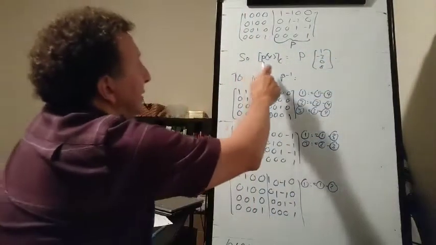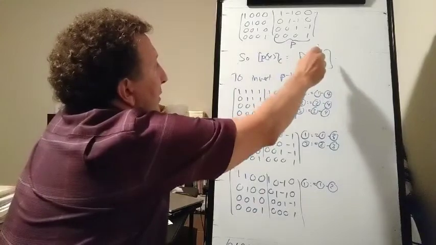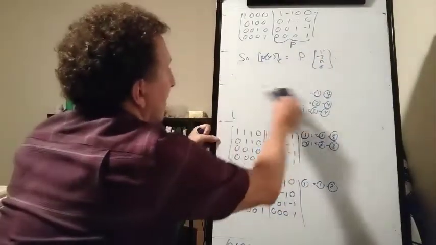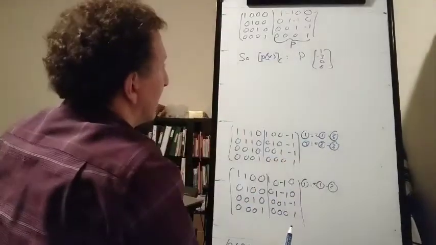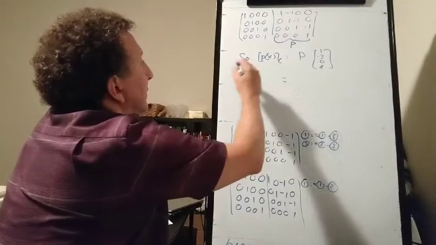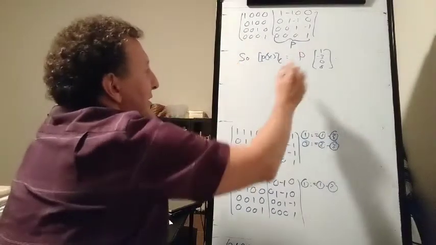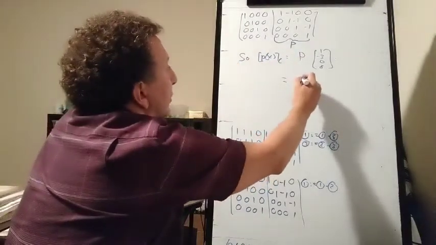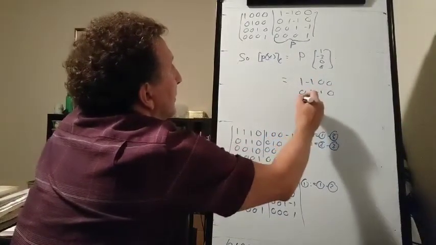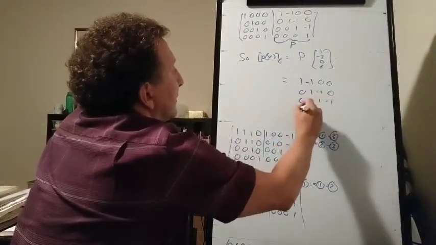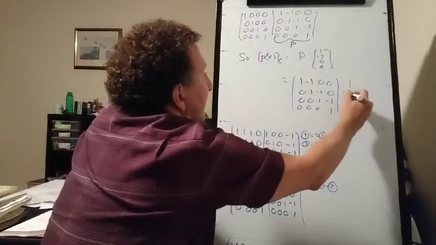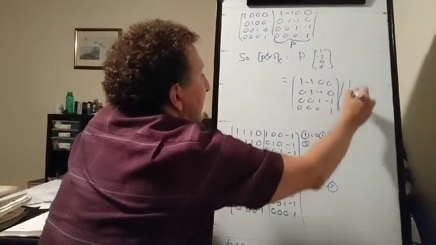Alright, and we wanted P times the vector 1, negative 3, 0, 8. So we have this written here already, and this is 1, negative 1, 0, 0, 0, 1, negative 1, 0, 0, 0, 1, negative 1, 0, 0, 0, 1, times 1, negative 3, 0, 8.